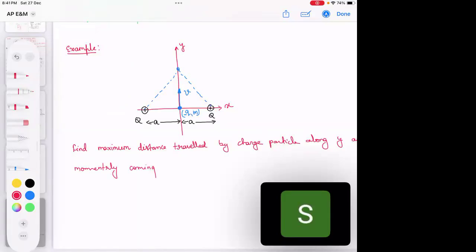Understand the question? After that again it will be pulled back, right? So how much is the maximum it travels before coming to rest? This distance I have to calculate in the question.